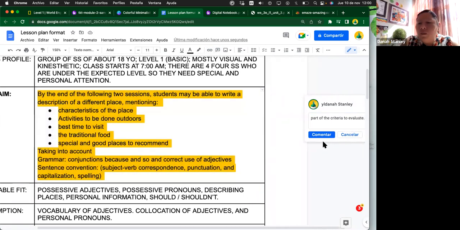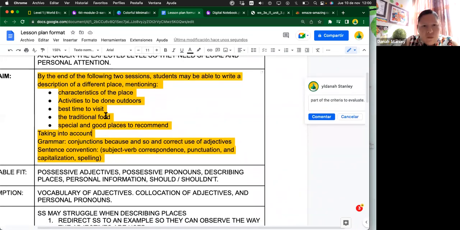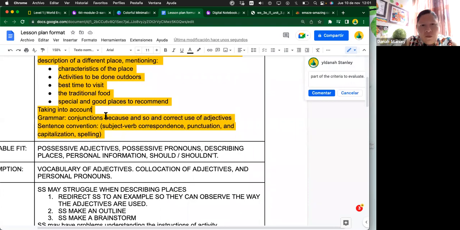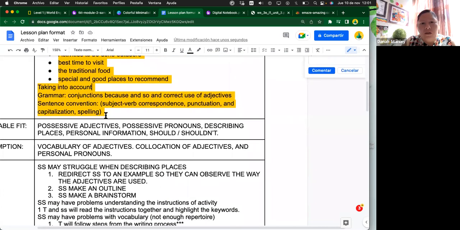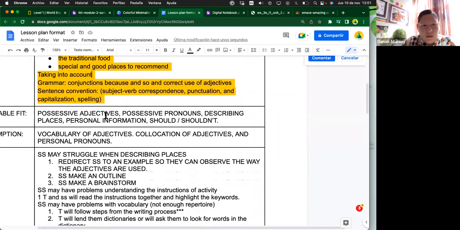So based on this, I'm going to decide if the students did it or not. Entonces, I'm going to check that they really include characteristics, activities to be done, the best time to visit the place, the traditional food, the special places to visit or the recommendations to visit.